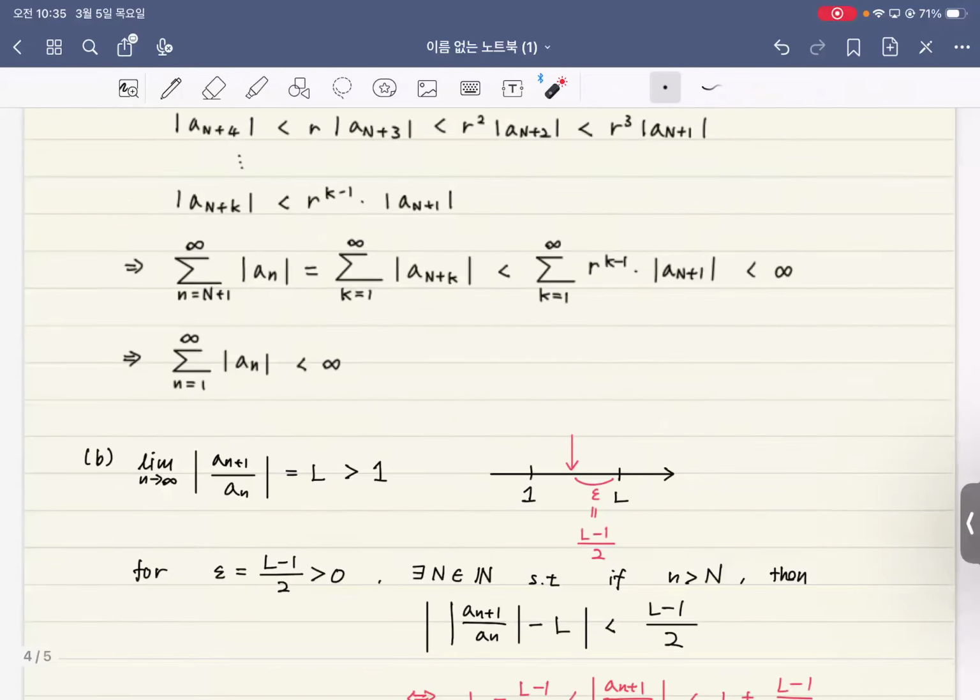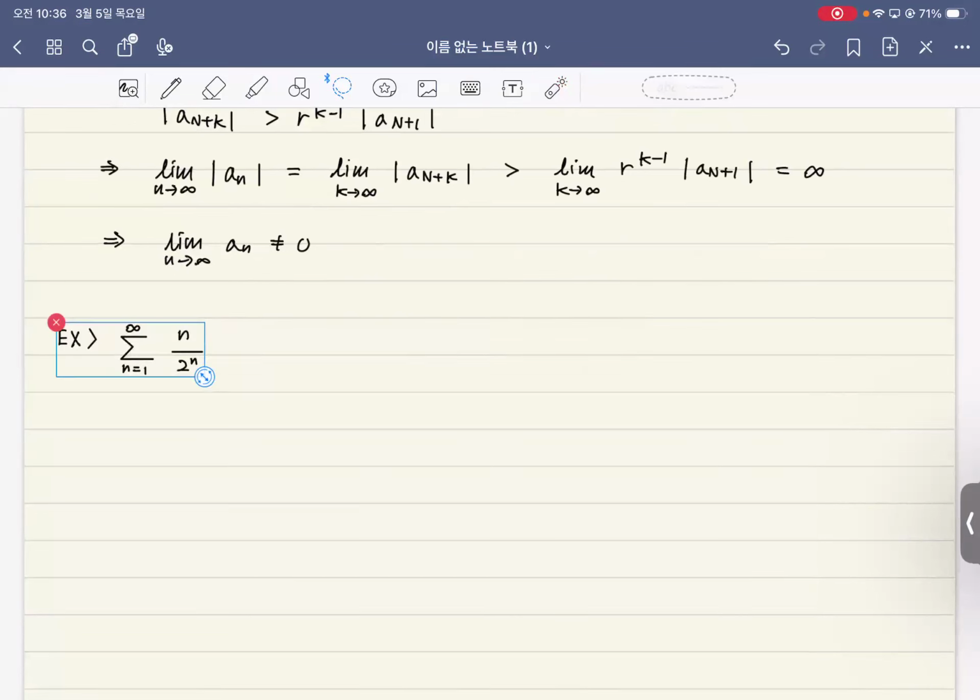Okay, now let me go back to our original question. I was having a hard time using the limit comparison theorems, so let me try to use the ratio test for this one.